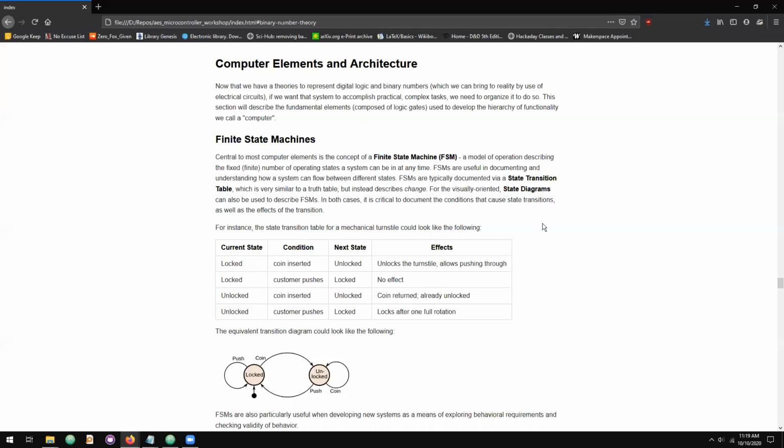So we typically document them either as state transition tables or state diagrams, and those are just two different means of understanding the model. But again, in both cases, it's really critical to understand the conditions of transitioning between states and the effects that transitioning has.